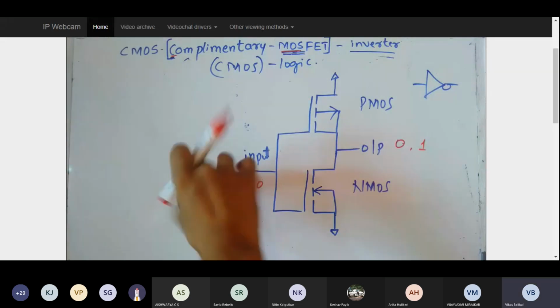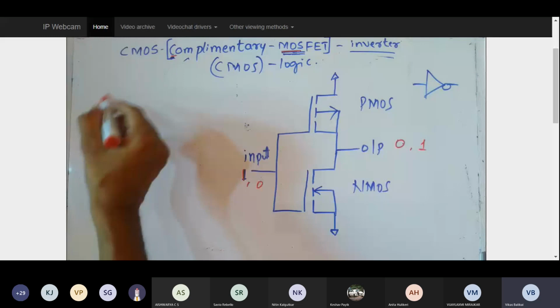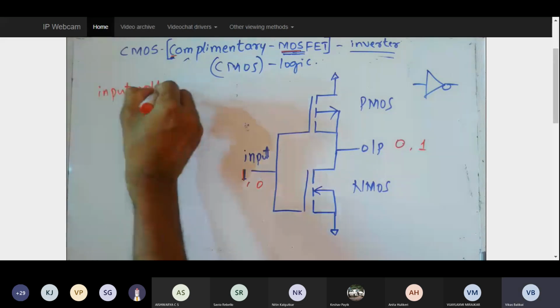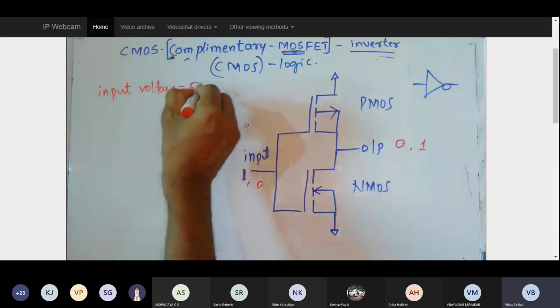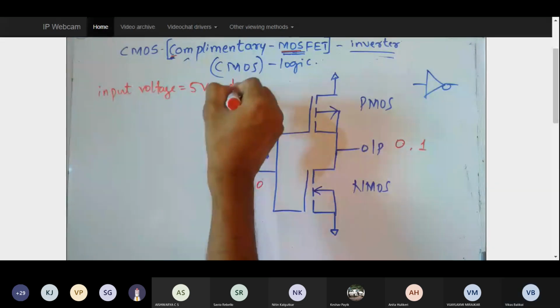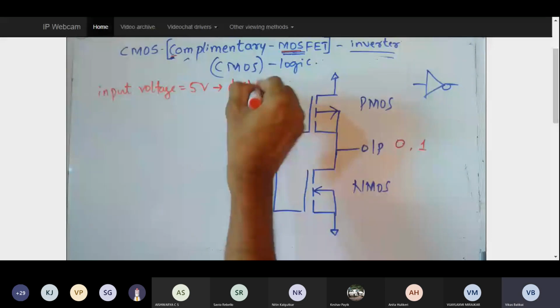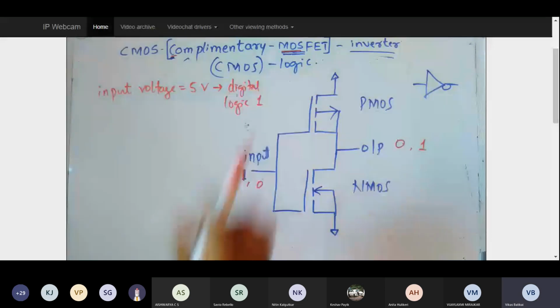So let us set some convention over here. When I say an input voltage of 5 volt is given, I say it is digital logic 1, because in digital logic I will be talking in terms of 1s and 0s.